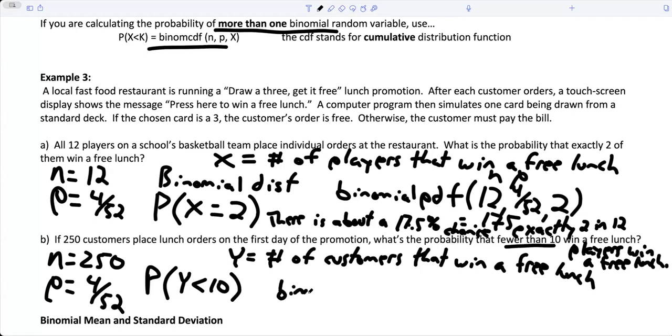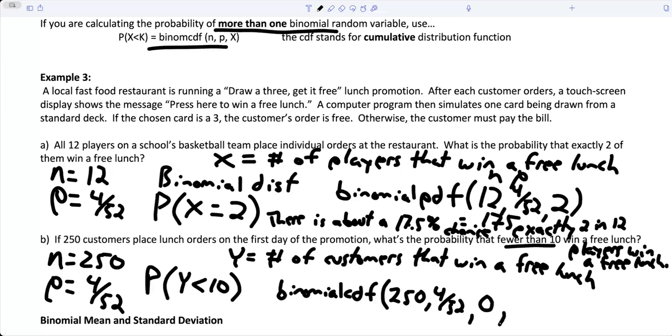This is binomial CDF. 250, 4 out of 52. And this is where you should be careful. What is my lower bound? 0. Right? Is it possible that nobody wins? Sure.